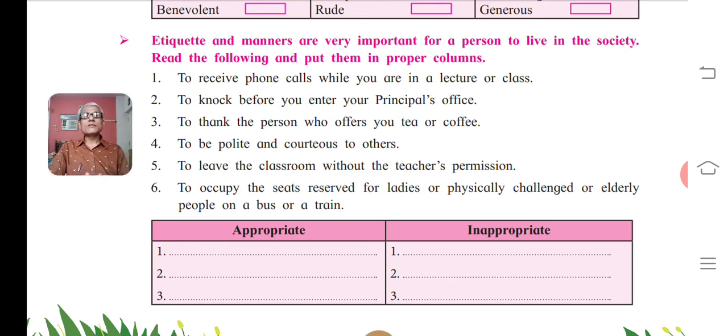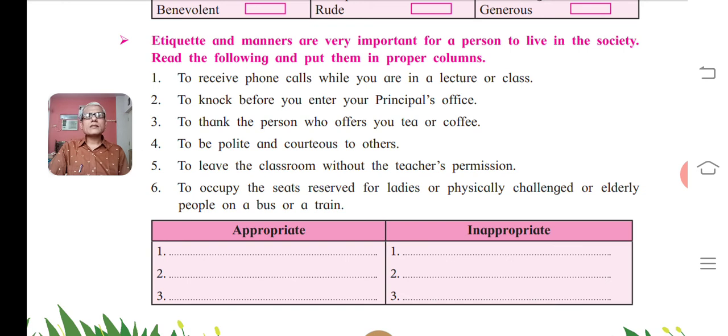Now we will start with it. Number 1, to receive phone calls while you are in a lecture or class: inappropriate. Second, to knock before you enter your principal's office: appropriate. Third, to thank the person who offers you tea or coffee: appropriate.